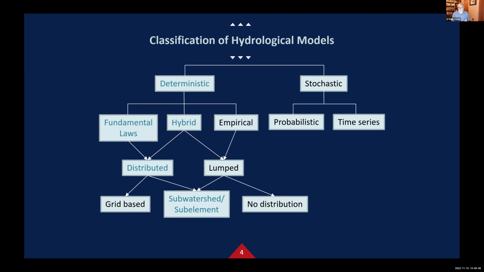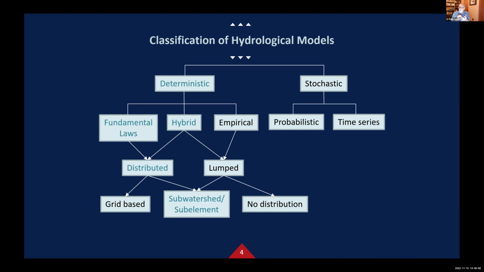In AGWA, we have several different models, like KINEROS and SWAT, where KINEROS is a more physically based model, and SWAT is considered more of a hybrid model. Some of its algorithms are more empirical.